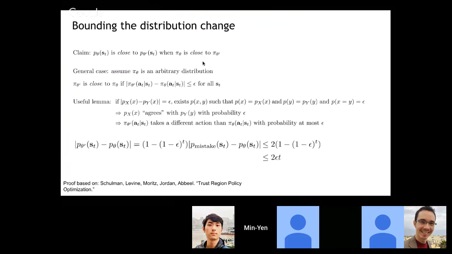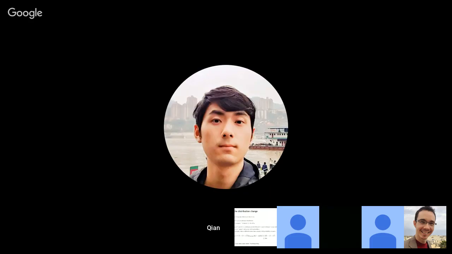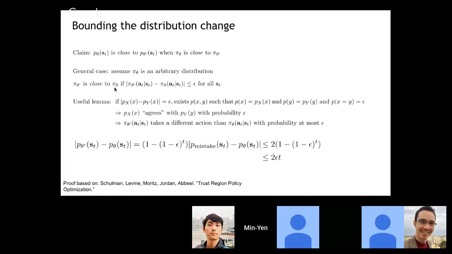So next we look at what if pi theta is an arbitrary distribution rather than a deterministic one as in the previous slide. In this case, there's a different definition for the two policies to be close together.